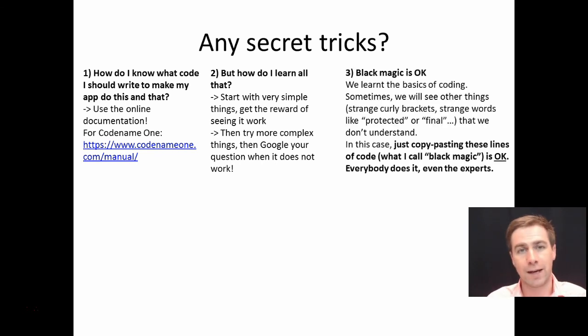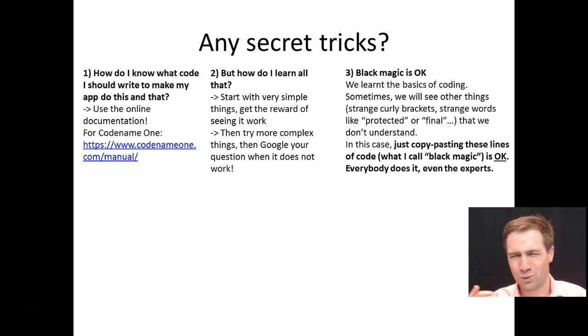And finally, I'd like to share with you a kind of dirty secret of coding: that black magic is completely okay. What I mean by that is that sometimes you are reading the documentation, or you are Googling for some explanation, and you find some explanation, and you understand more or less what the code does.